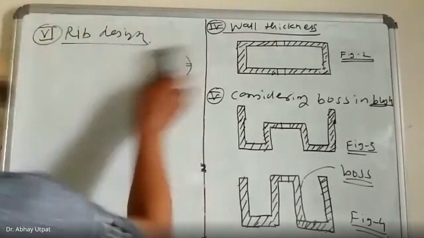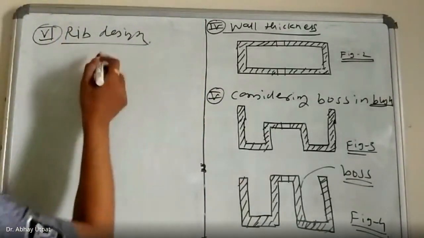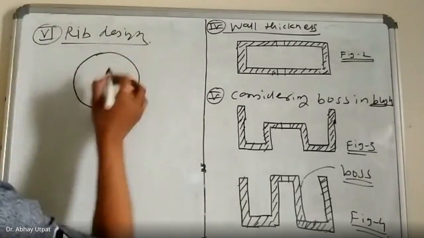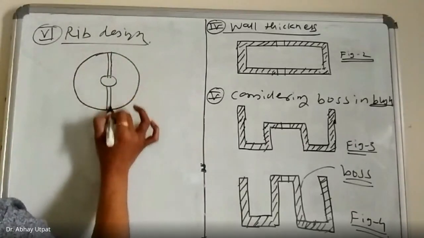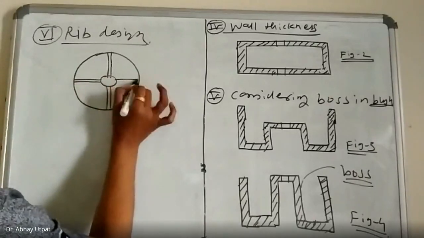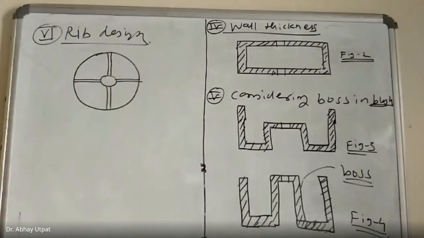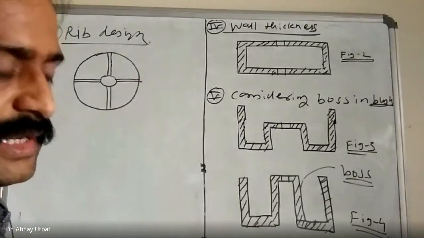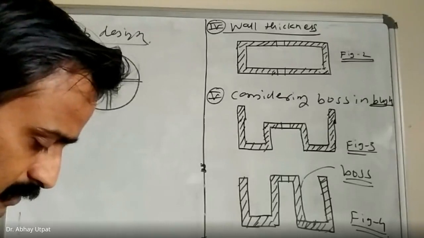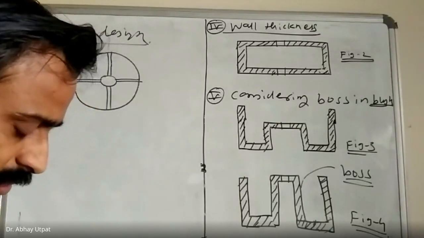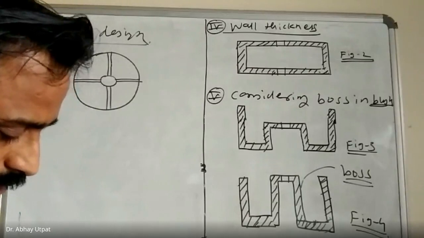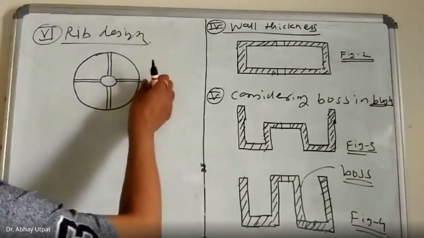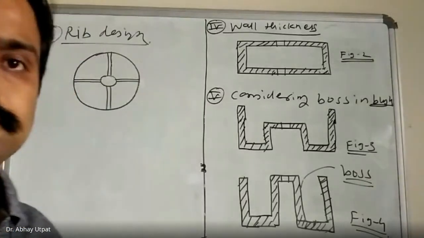Write down: to provide the support to the boss, four vertical walls, that is ribs, are located at 90 degrees apart.